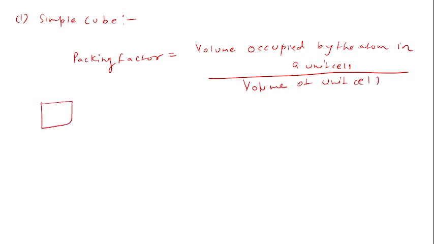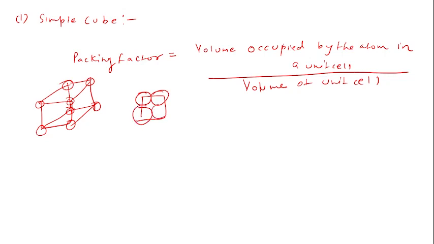So this is your simple cubic. We'll cut one plane, and suppose the radius of the sphere is r, and your lattice parameter, which is this length, is a.